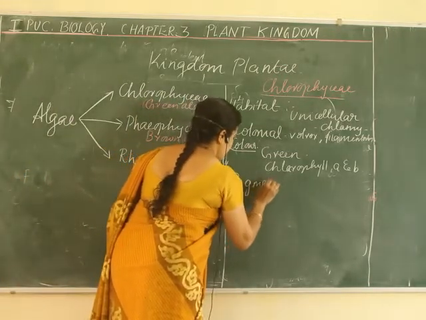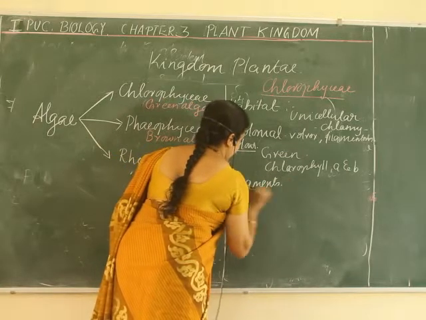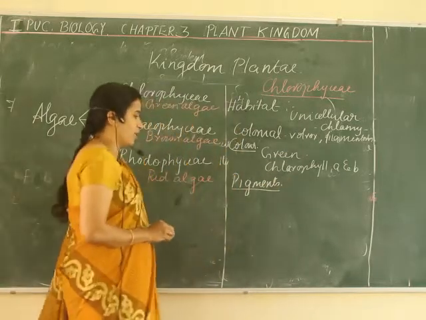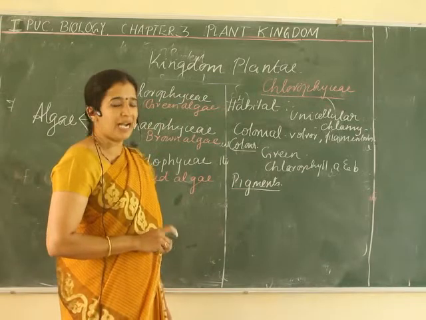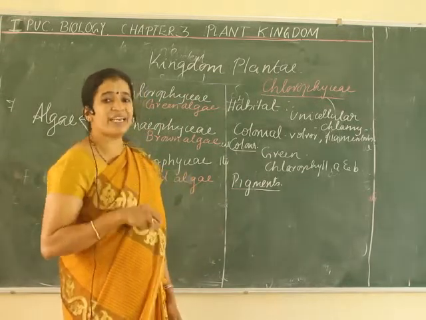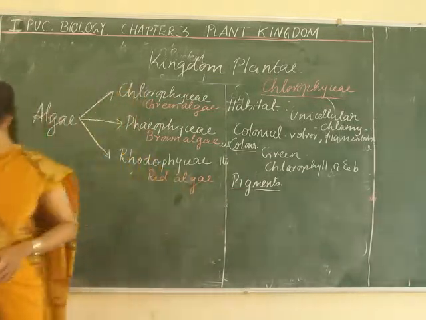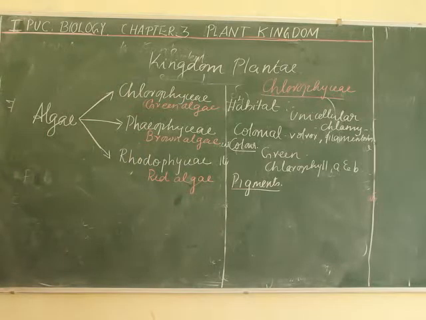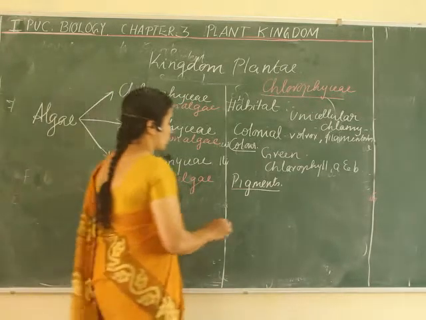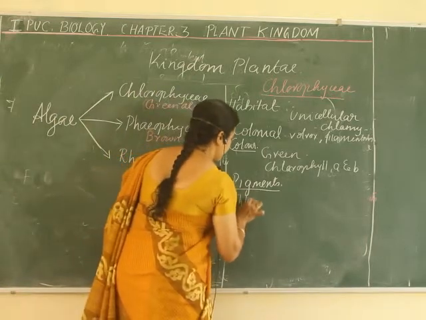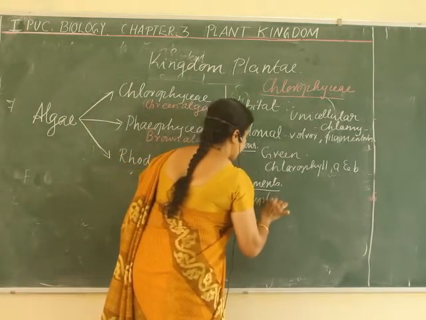Then about their pigments, which give color, as I already said. They are located on the chloroplast. The chloroplast can exist in various shapes.